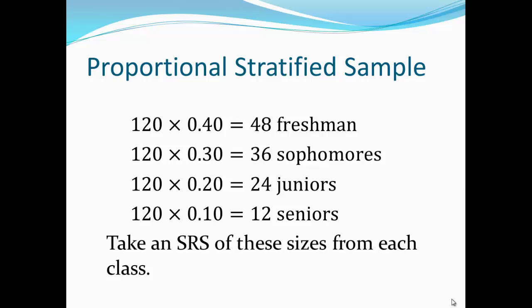We then take an SRS of each of these sizes from each class. In other words, we randomly select 48 of the freshmen, 36 of the sophomores, 24 of the juniors, and 12 of the seniors. This would give us a proportional stratified random sample of 120 students that represents the overall makeup of the student body in terms of class standing.